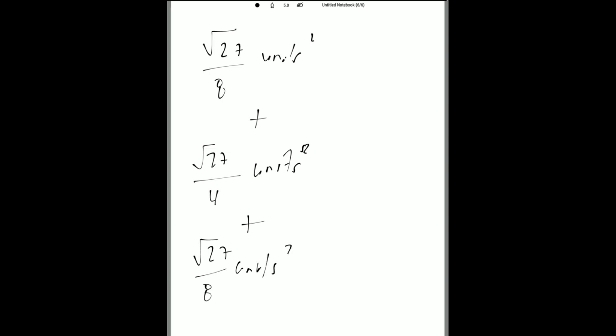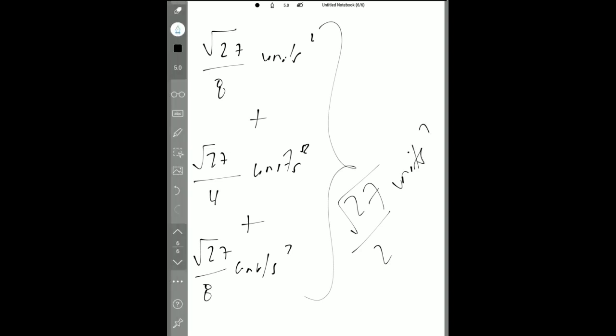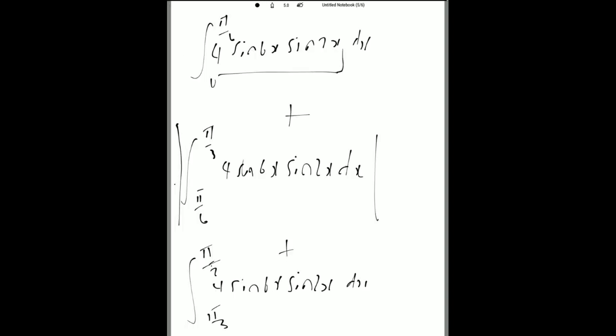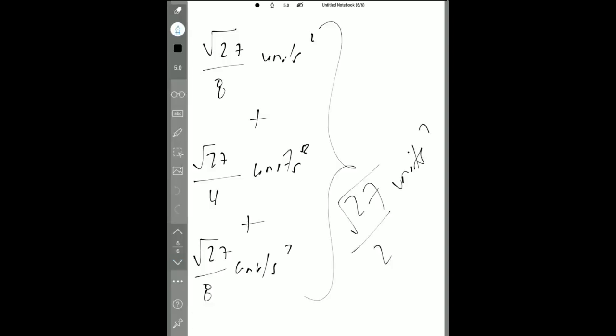And what does that sum to give us? We get root 27 over 2 units squared. And that is the true area under the curve that we are assessing, which is 4 sine 6x sine 2x between 0 and pi over 2.